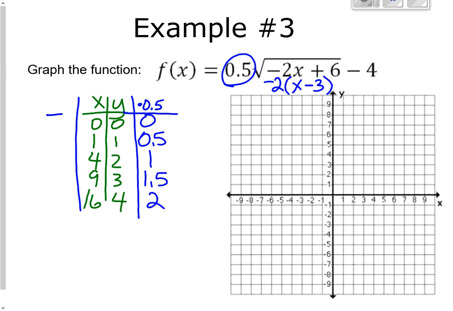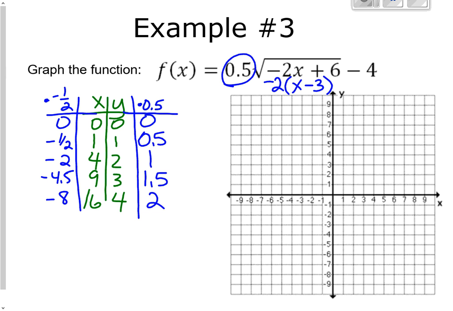So over here, remember it's 1 over the number that's being multiplied directly to the x. So we're going to multiply everything by -1/2. Okay, not by -2, by -1/2. And that gives me 0, -1/2, -2, -4.5, and -8.